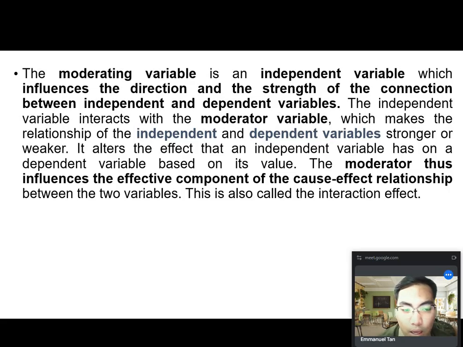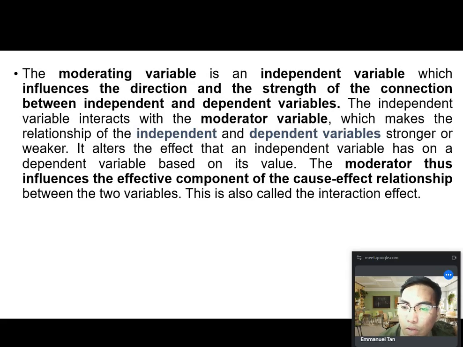Or would be very high. Okay? So, may kinalaman din, no, yung intelligent quotient somehow doon sa dependent variable, which is the score that the students would get.